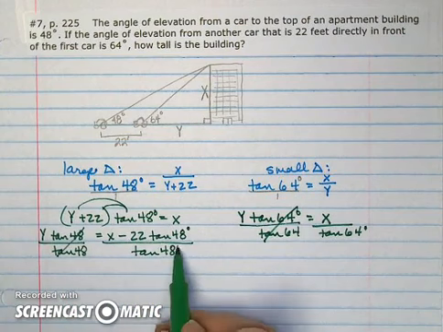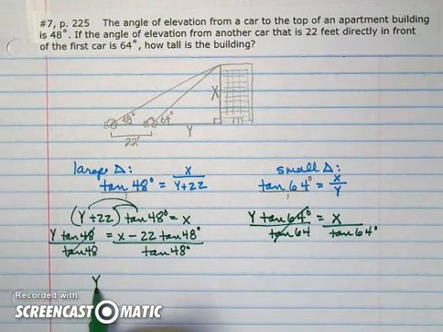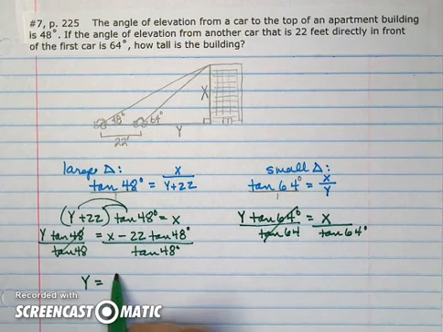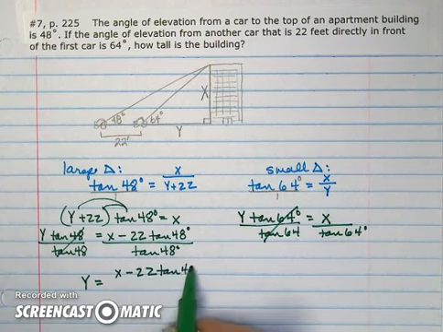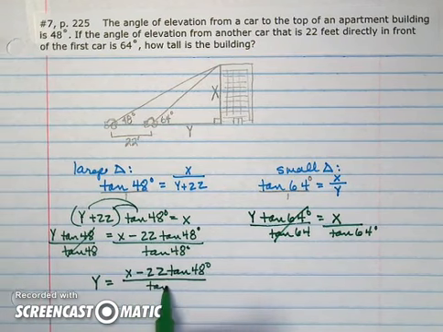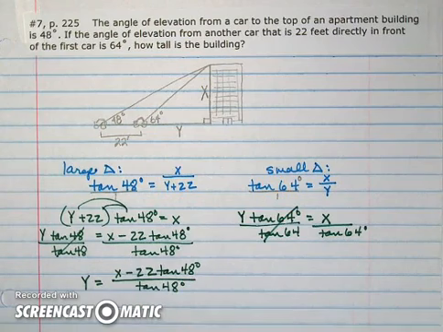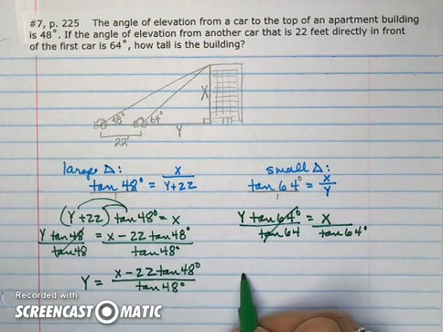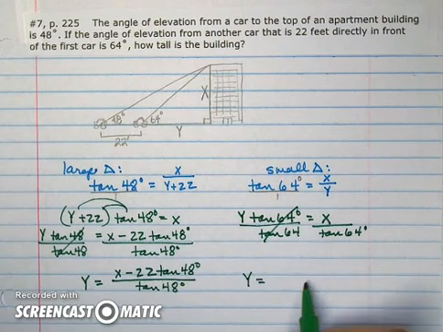And let's clean this up a little bit so that you can see what you have. You have y equals x minus 22 tangent of 48 over tangent of 48. Here you have y equals x over tangent of 64.